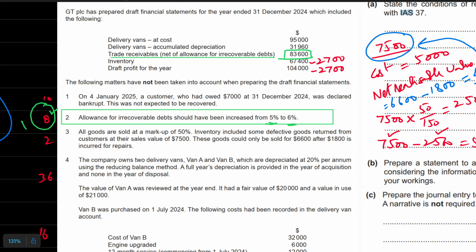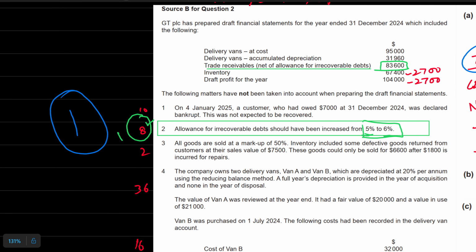So how much change will be in the profit? We have to make calculations. So students, this 83,600 is after deduction of 5%. So we can say this is 95%. What will be the amount before this provision for doubtful debts?